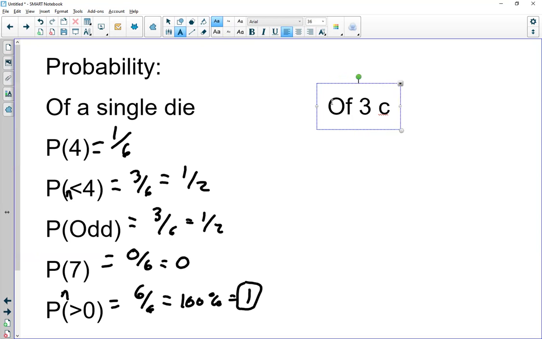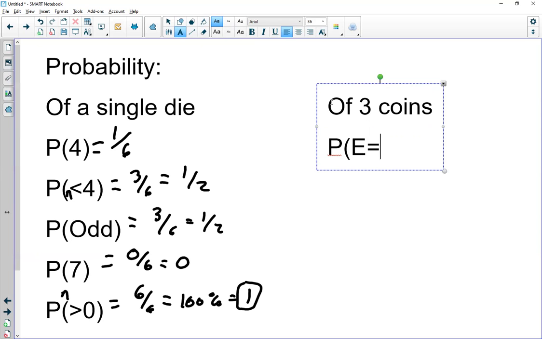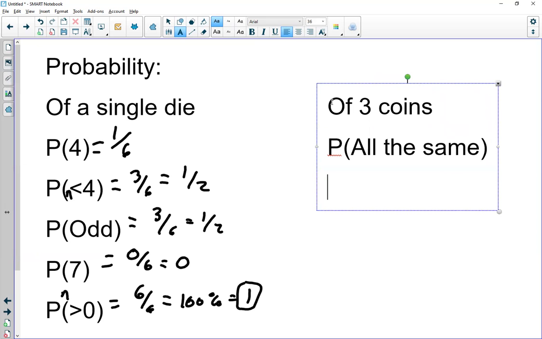Of 3 coins. Oh, I told you I didn't like this. All the same. Probability of exactly 1 head.